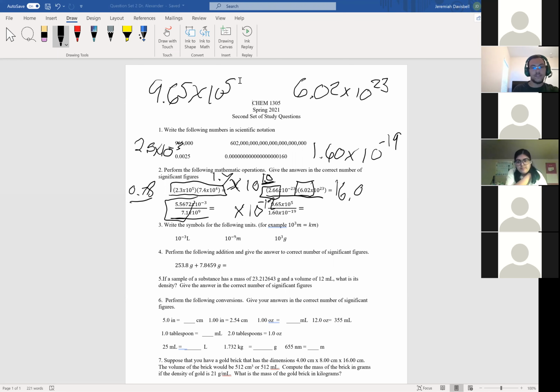Move it to the right once. Since we moved it to the right, what's going to happen to the exponent? It's going to turn into negative 13. Beautiful. Any questions on that example? Is that a negative 17 or a negative 12? That's a negative 13. Actually, let me rewrite that.